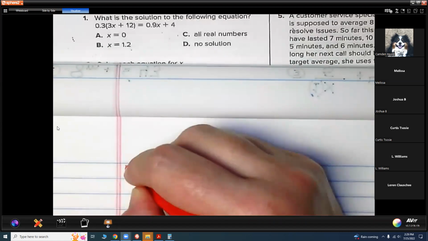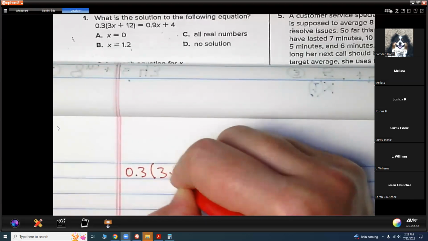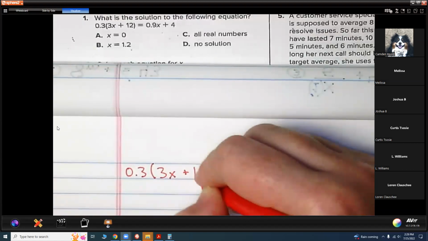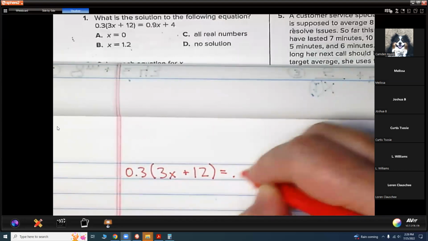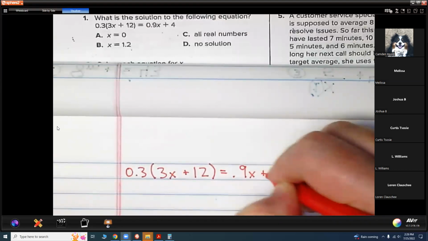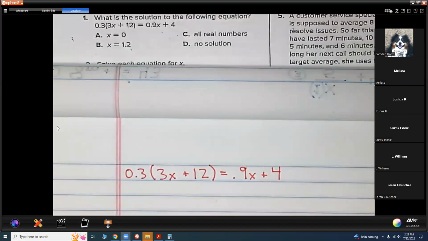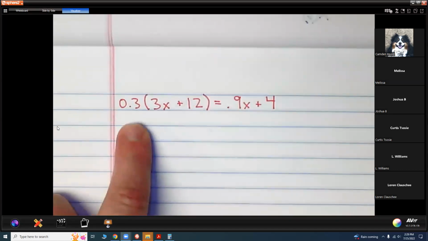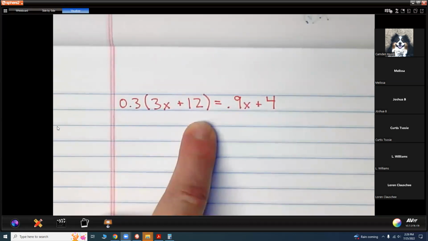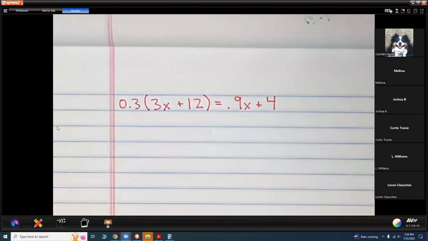All right, so we've got 0.3 times the quantity 3x plus 12 equals 0.9x plus 4. Okay, so of course my first step is to distribute my 0.3 through here.